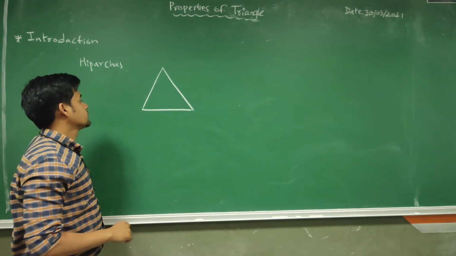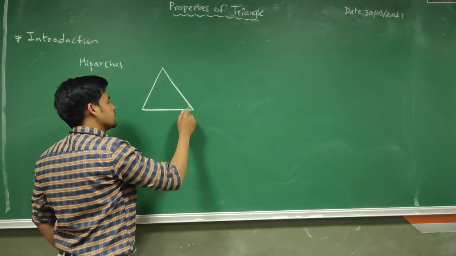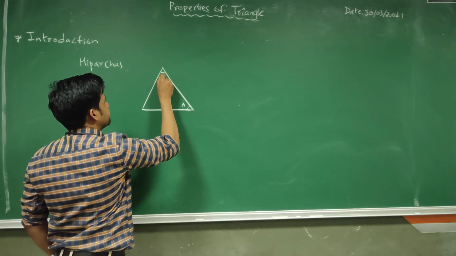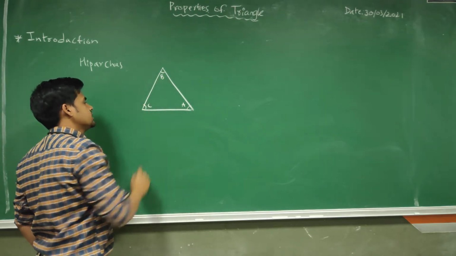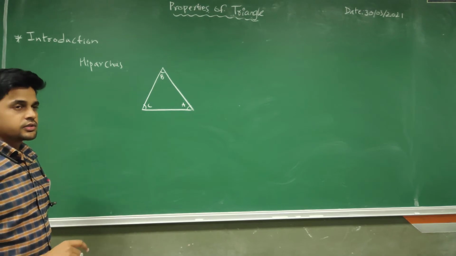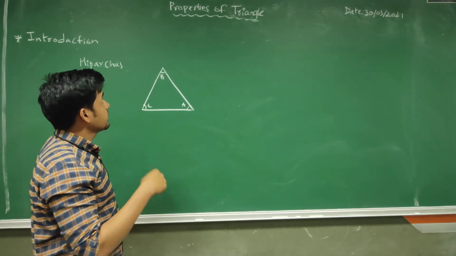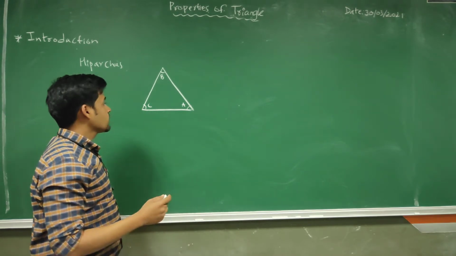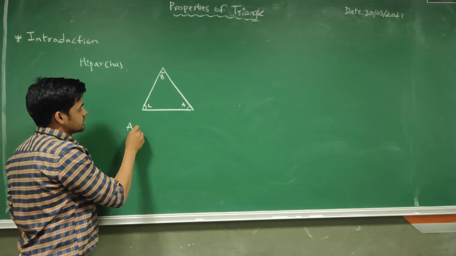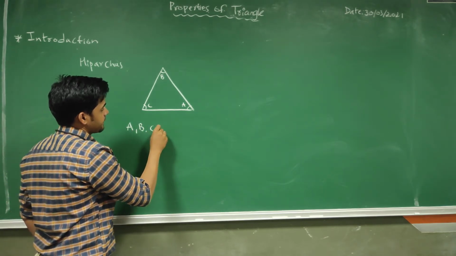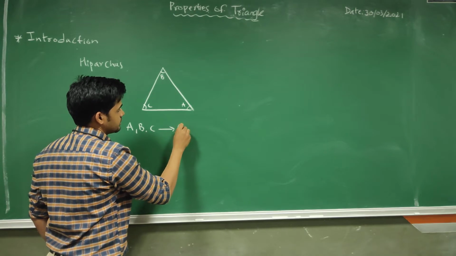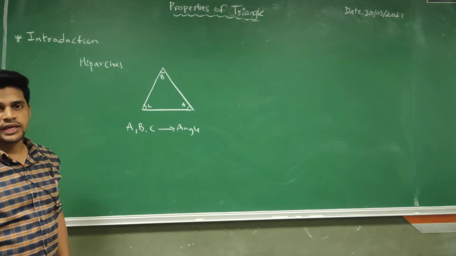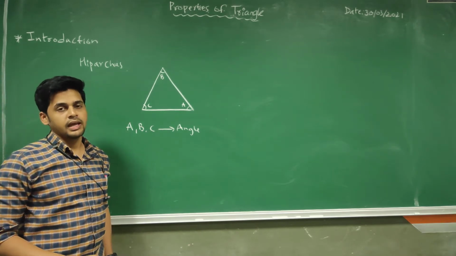If it has 3 angles, let's suppose A, B and C, these 3 are angles. Remember one thing, in this chapter, properties of triangle, we are going to use capital A, B, C as angles. So capital ABC denote angles.